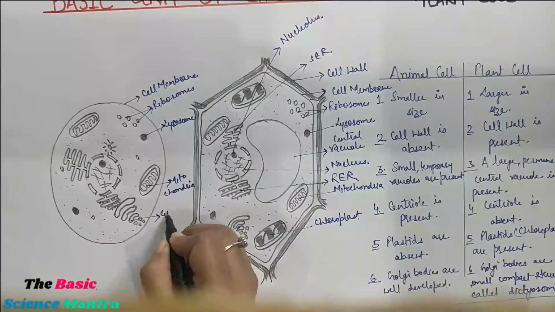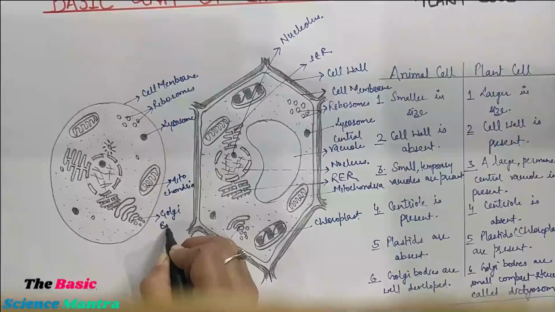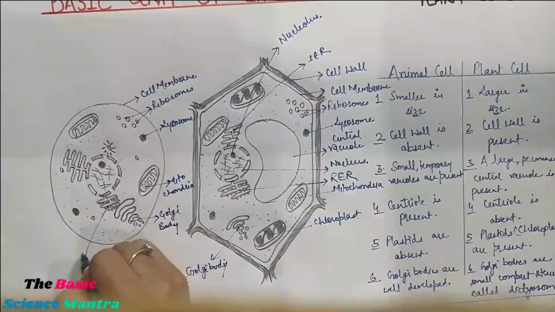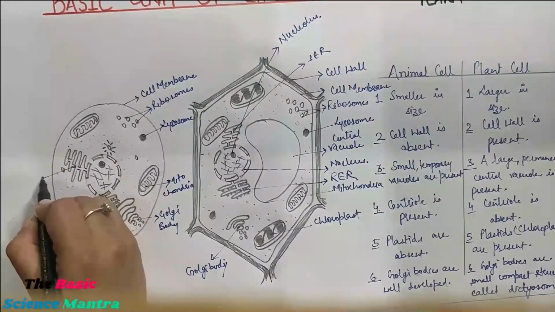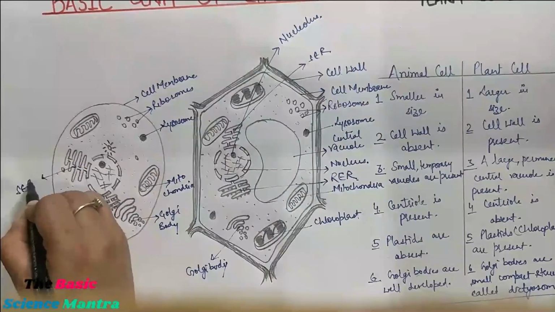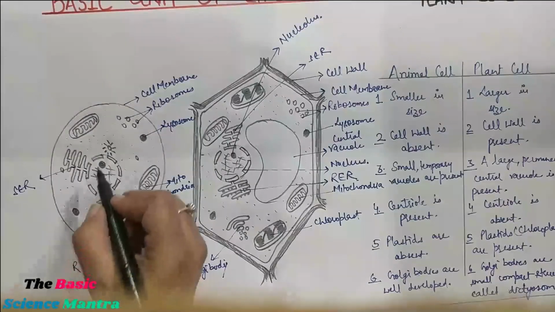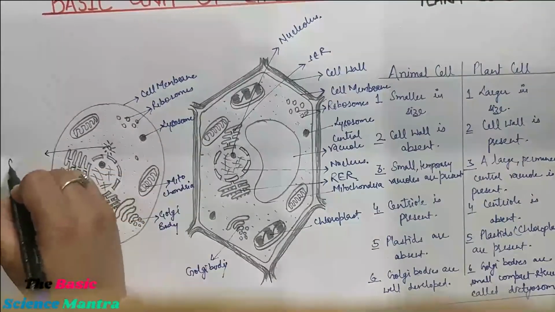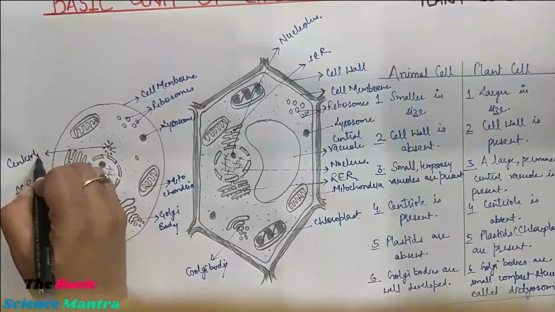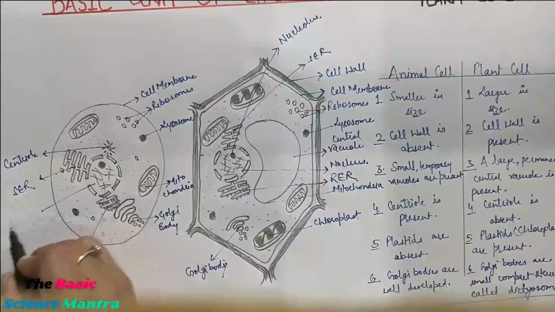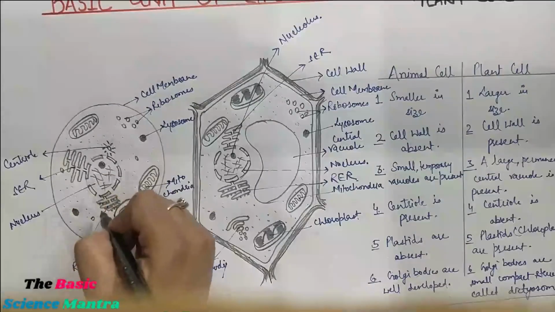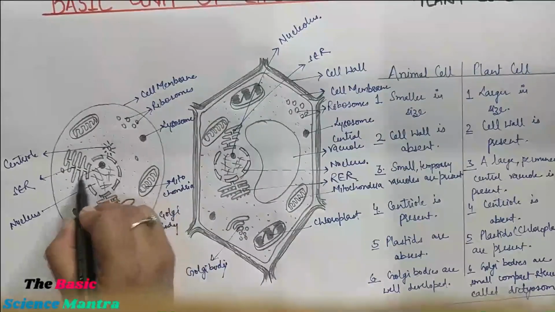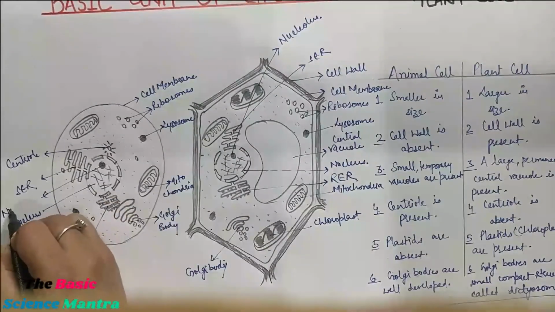This is Golgi body. This is rough endoplasmic reticulum. This is smooth endoplasmic reticulum. This is called centriole. This is nucleus. You can also label the nuclear membrane, that is the porous one, and this is nucleolus.